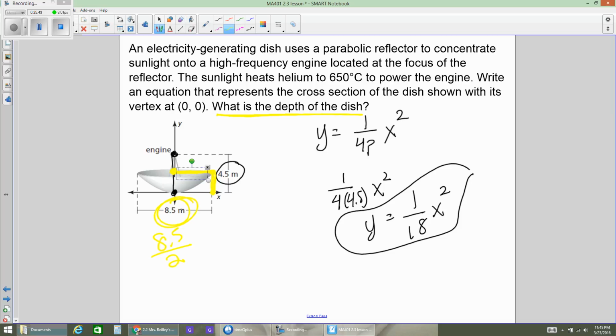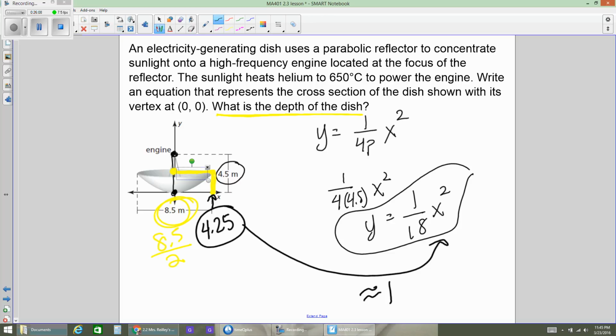So that's 4.25. So you're going to take 4.25, which is that x value, and plug it in over here. Just use your calculator. And you're going to find it's approximately 1. 1 what? Meter. 1 meter.